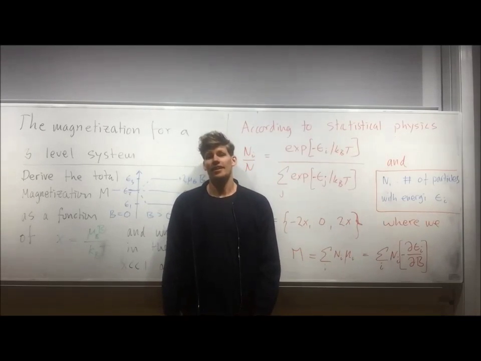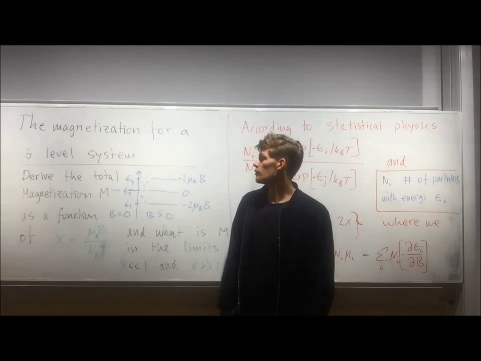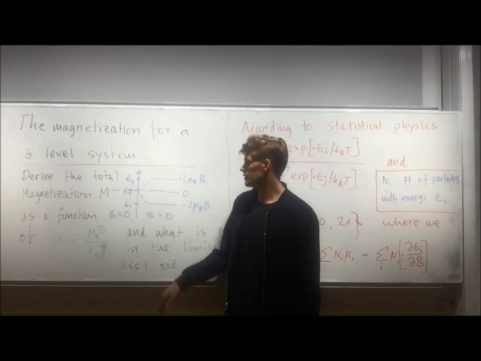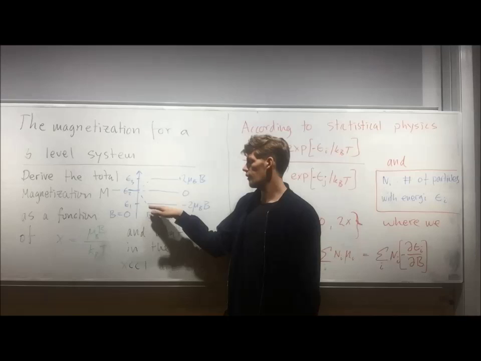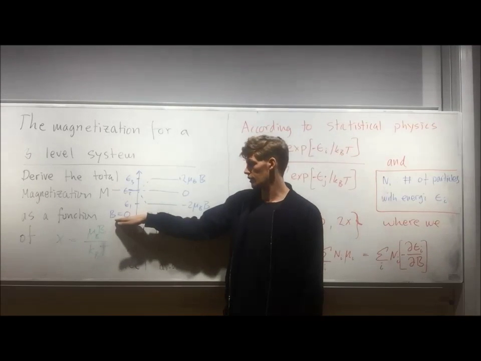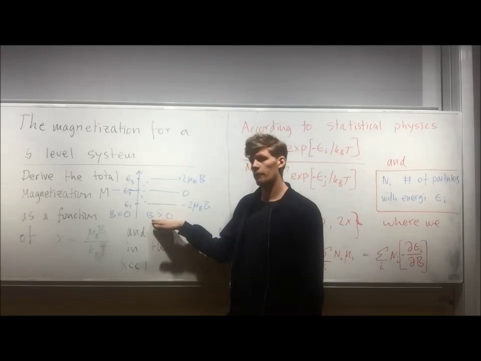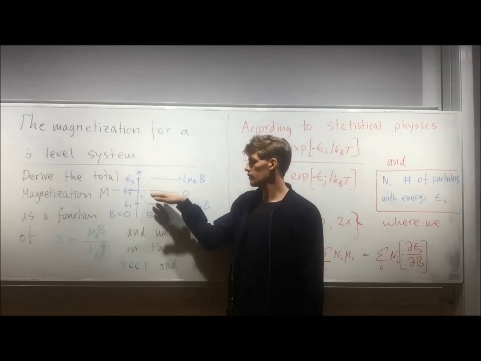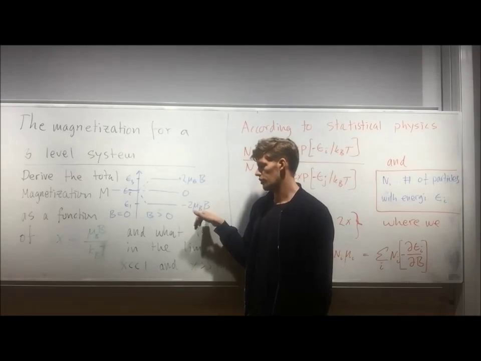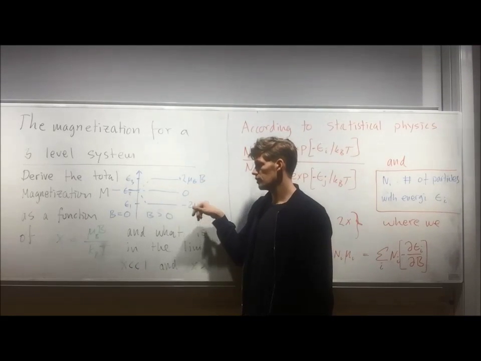Hi, in this exercise we're going to look at the magnetization of a 3-level system. The system is one where, in the first case, you don't apply any magnetic field, and then if you apply a magnetic field, you get a splitting into 3 levels. And the energies for the 3 levels you can see here.